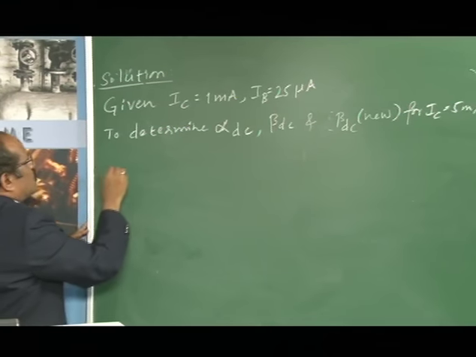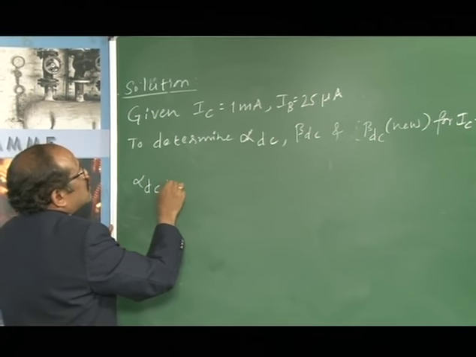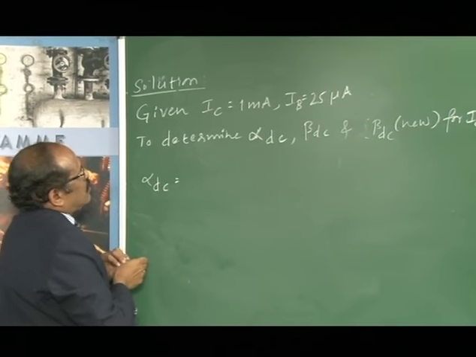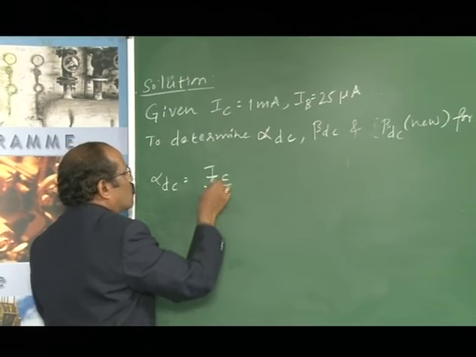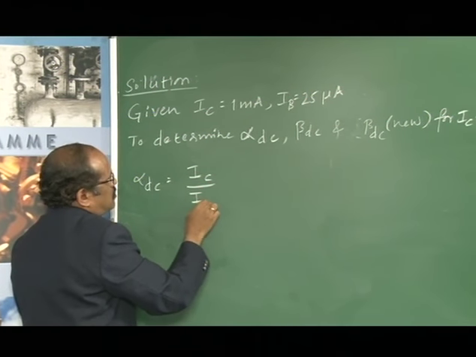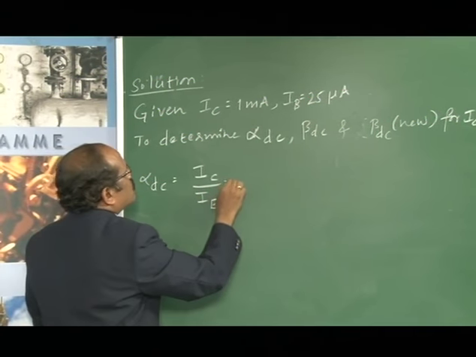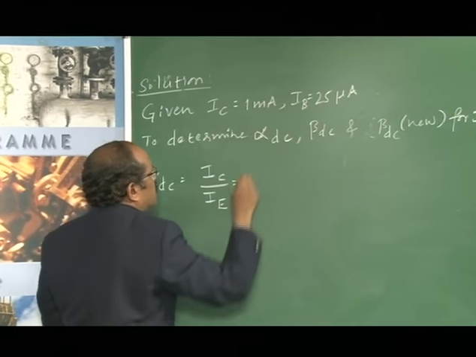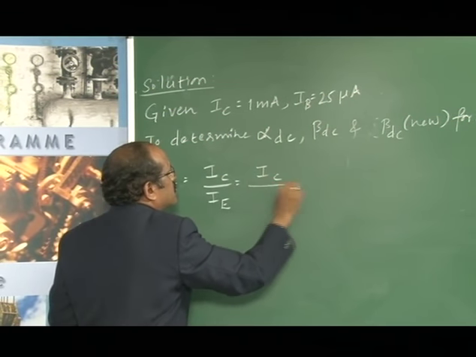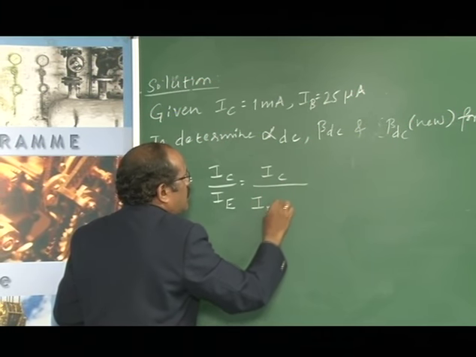To get alpha DC, what is alpha DC? It is nothing but the ratio of output current, that is the collector current, to the input current. IC is given, IE is not given, but IB is given. Therefore I can write IC divided by IB plus IC.